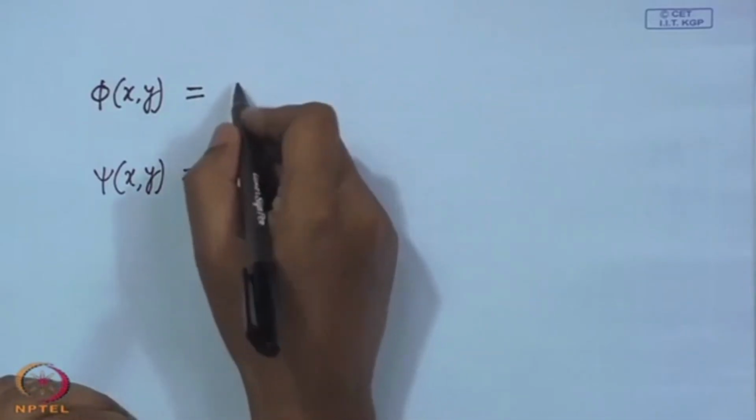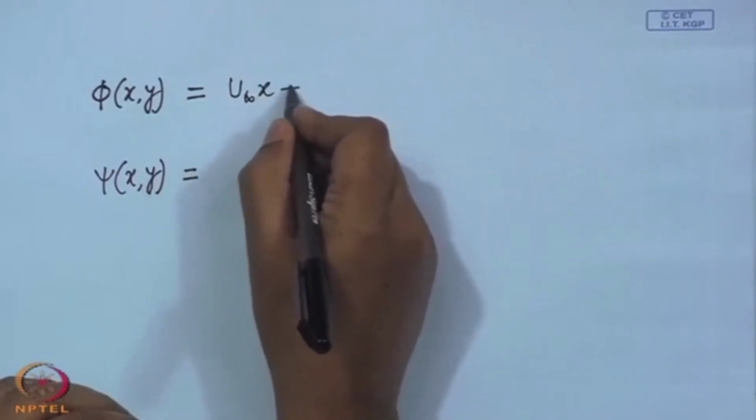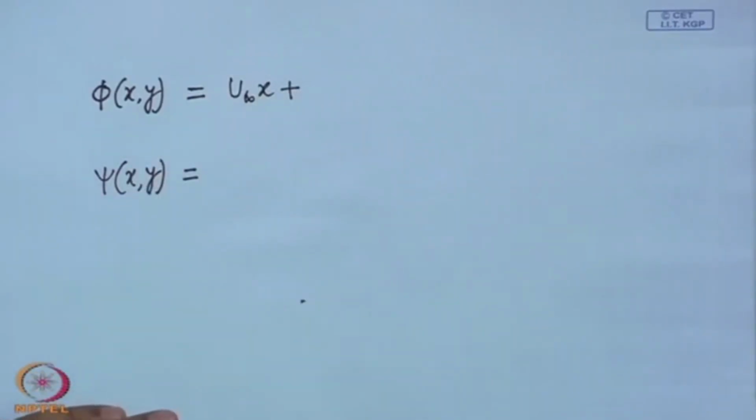Potential due to uniform stream along x axis is u infinity x, then potential due to the point source at point x y, yes, m by 2 pi log r. But what is this r? Distance from point source to the point x y.